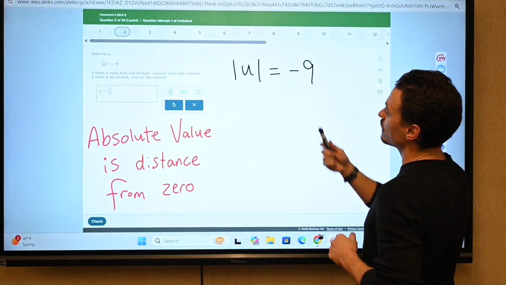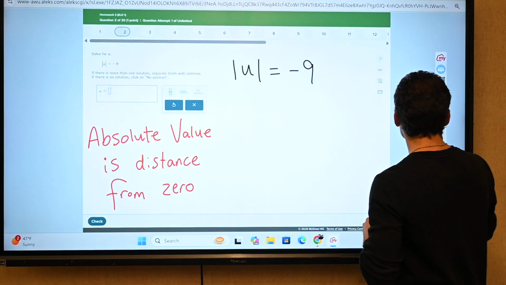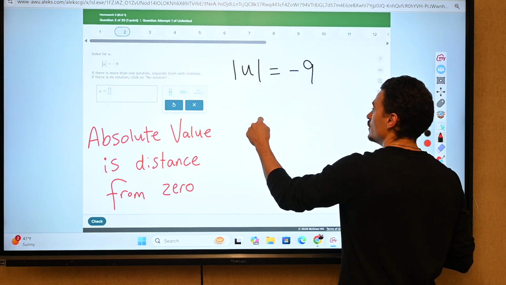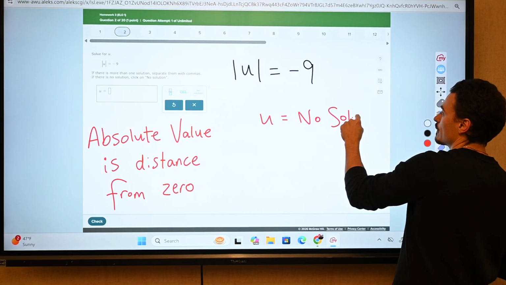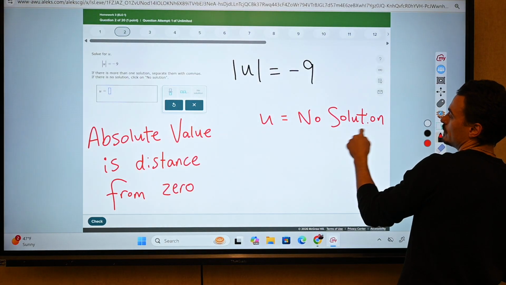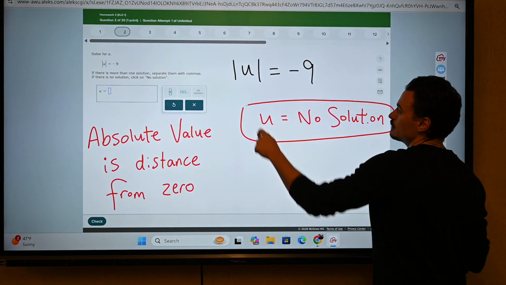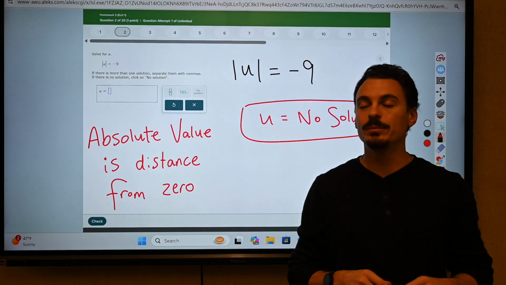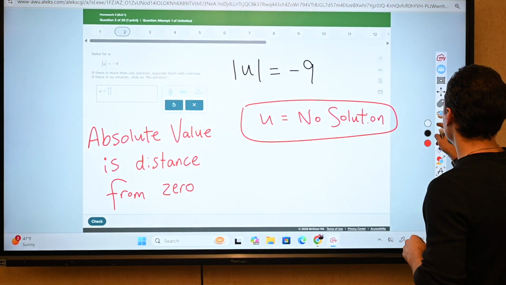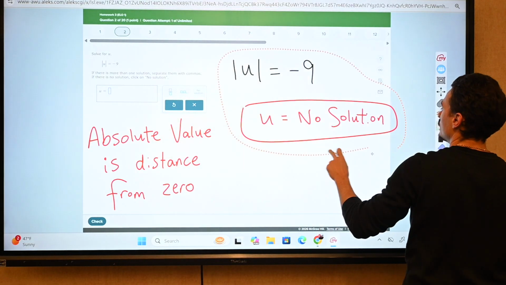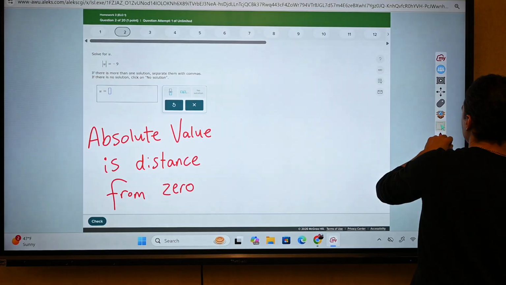So this right here is impossible. So what we do is we say u is equal to no solution. There are no solutions for u because there's no such thing as a negative 9 distance from 0.